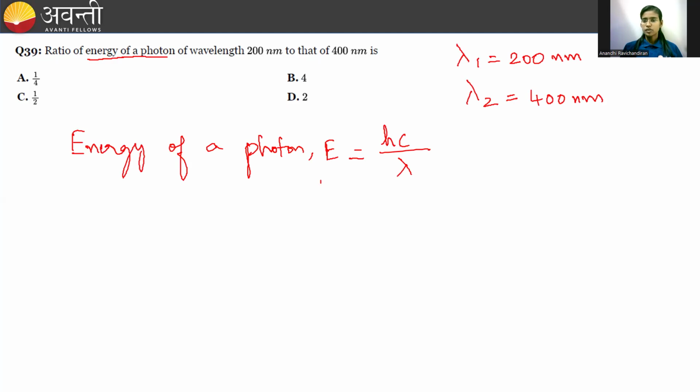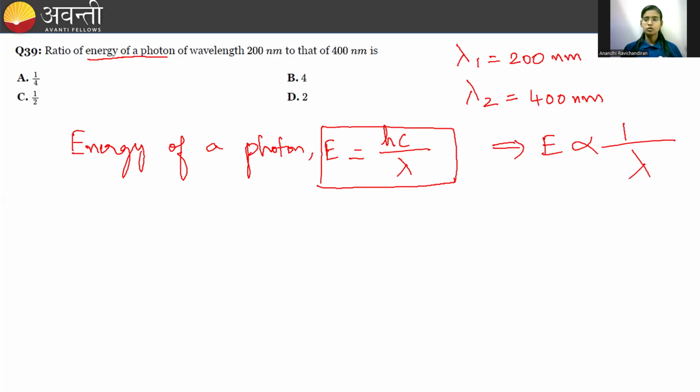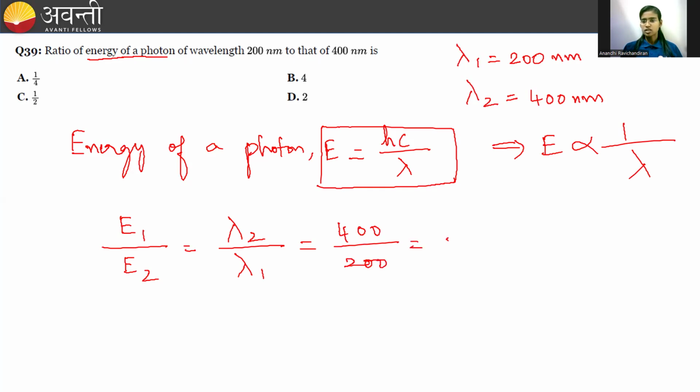Okay. So from this formula, we can understand that energy is inversely proportional to lambda. So if I take the ratio of these energies, I will get E1 by E2 is equal to lambda 2 divided by lambda 1, and the value of lambda 2 is 400 and the value of lambda 1 is 200, and on solving this we will get the answer as 2.